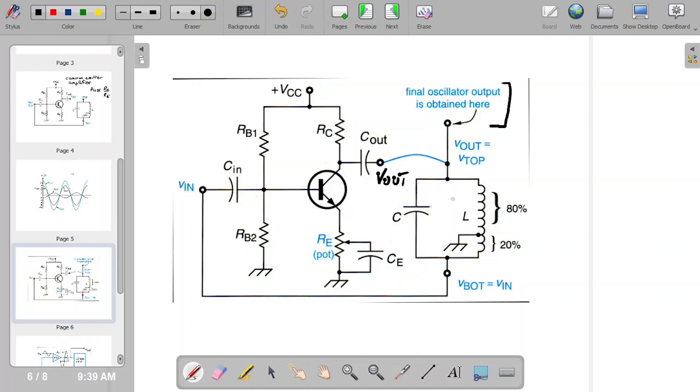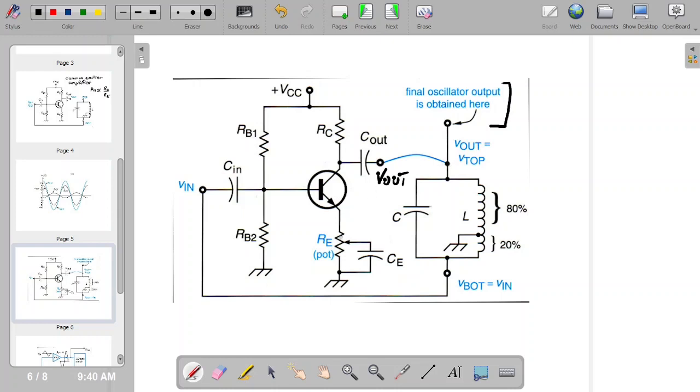Okay, so this is the only difference between what I just showed a moment ago, the previous slide. Okay, so this is the tank circuit. You have the 80%, 20% tap. Tap is grounded. So this is the bottom of the tank, and this is the input to the common emitter amplifier, and this is the output. And that output you connect to the top of the LC tank.